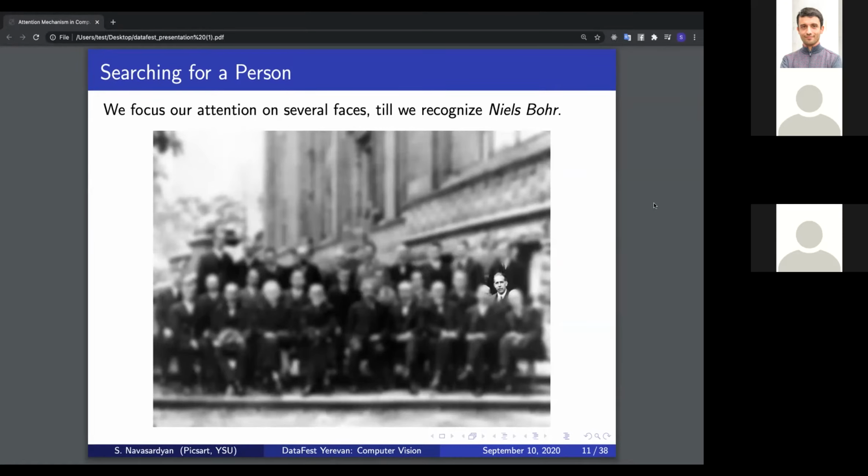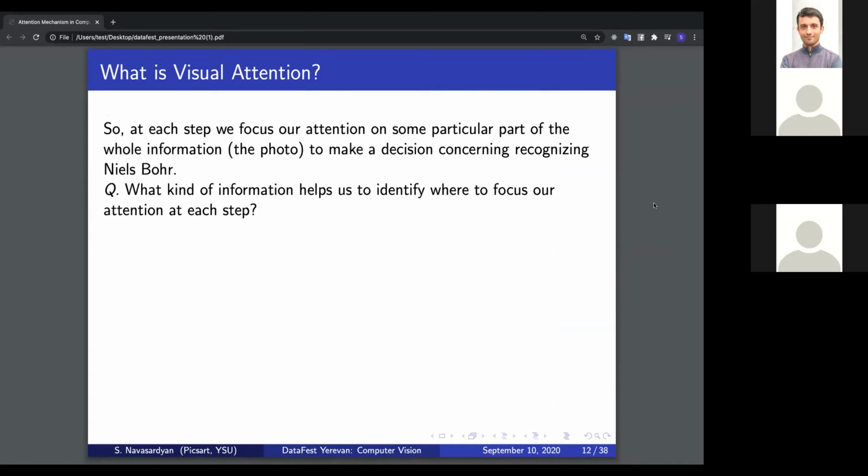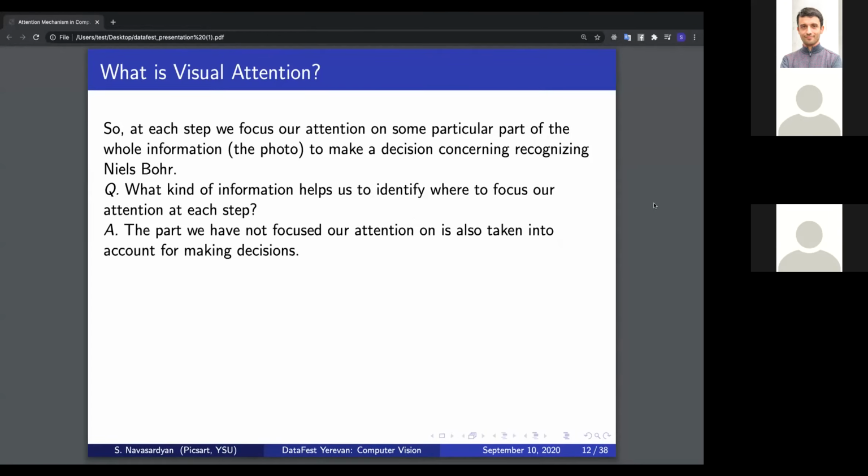So the question arises: besides the information we get from the part of the image we are focused on, what kind of information helps us identify where to focus in the next steps? The answer is that we also use the part of the visual information we did not focus on.